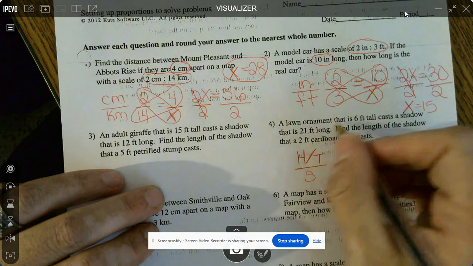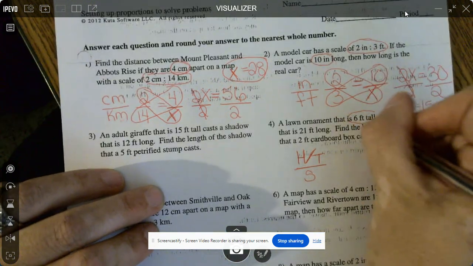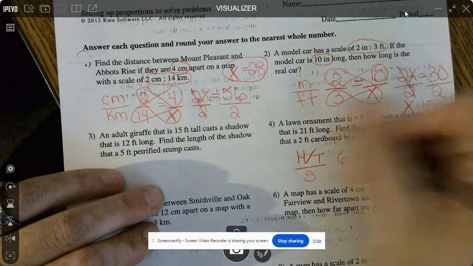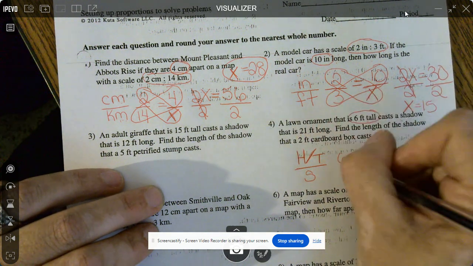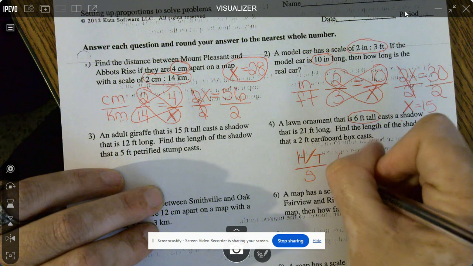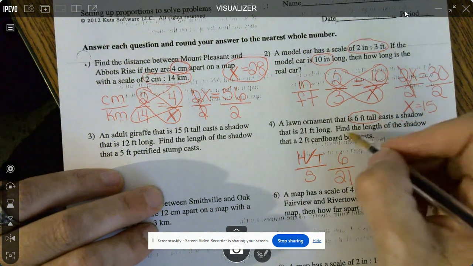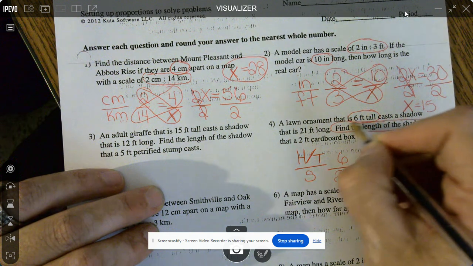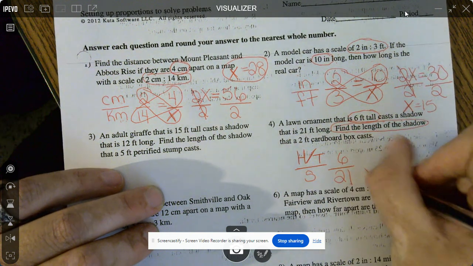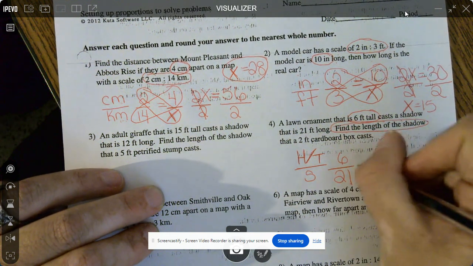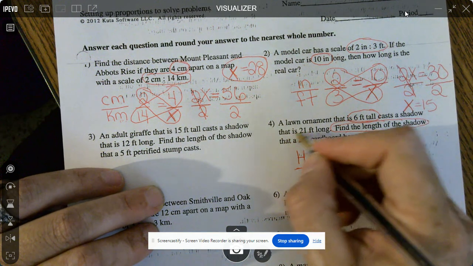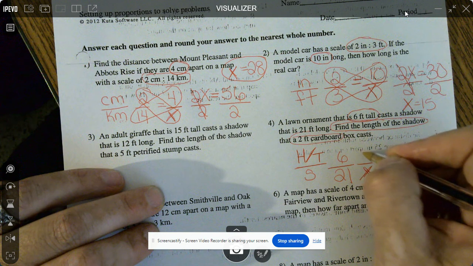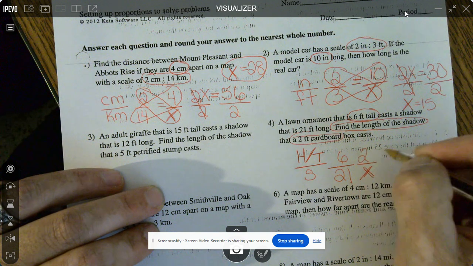So a lawnmower that is 6 feet tall casts a shadow that is 21 feet long. Find the length of the shadow. This is what we're looking for, so we're going to put an X down here for the 2-foot cardboard box. We're putting the 2 up here.